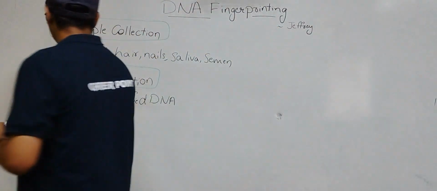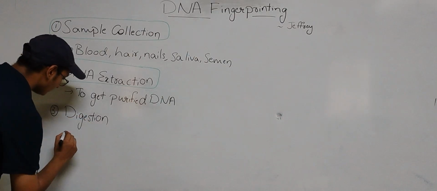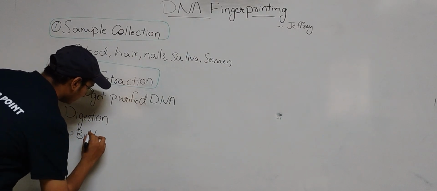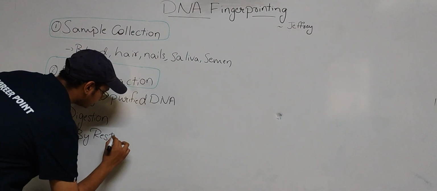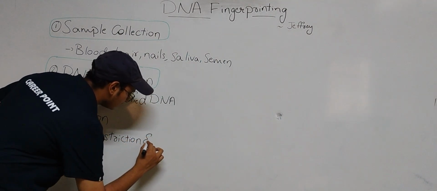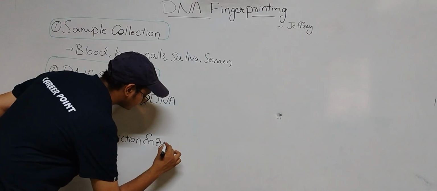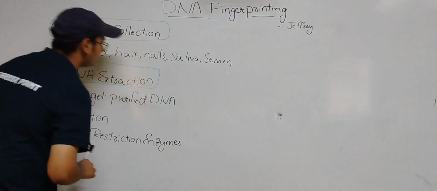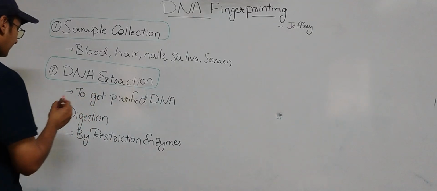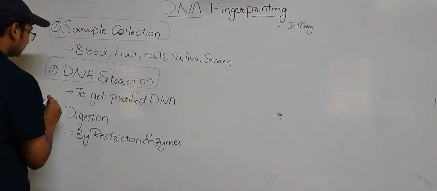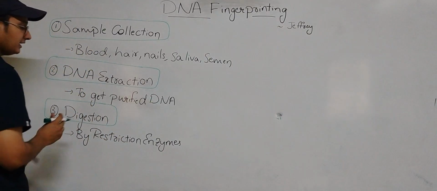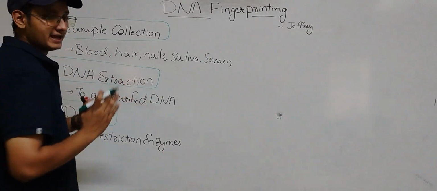That's the reason why we are doing digestion by restriction enzymes. So we have collected the sample, extracted the DNA from it, and then digested the product. We have digested the DNA using restriction enzymes.